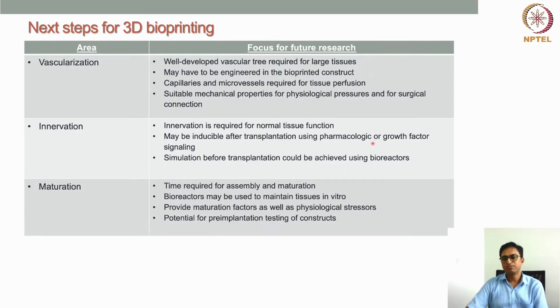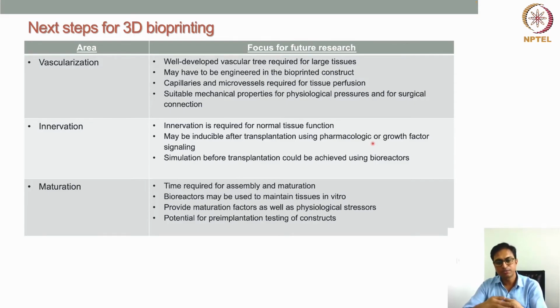Bioreactors are mostly used to generate physiological function in a particular tissue by simulating the conditions, the process by which they undergo in physiological conditions, like for bone tissue, where compression and relaxation is the most important thing for bone tissue to grow.